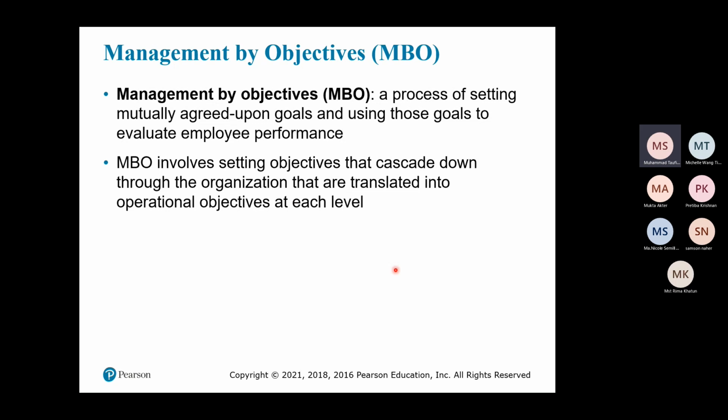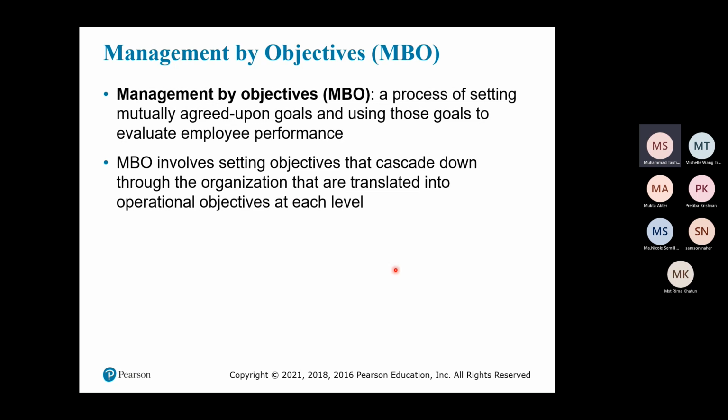Okay, so instead of the objective or the goal coming from the top management, in management by objective it comes from the employee. Okay, so you have to meet with the employee, ask them what the current status is, what they expect for the future, and so on.